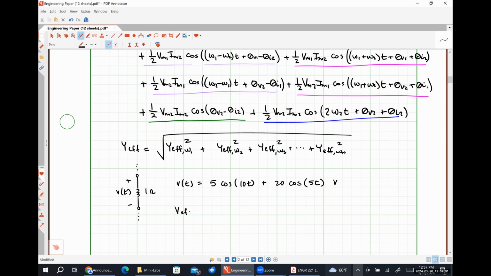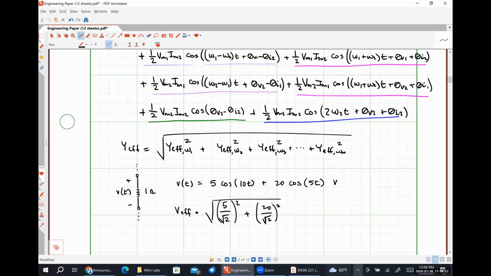The effective value of our voltage drop across our resistor would simply be the square root of 5 divided by square root of 2 quantity squared plus 20 divided by square root of 2 quantity squared. And that would give us a much easier path for calculating powers and all of that kind of stuff than using the time domain function by a large degree.